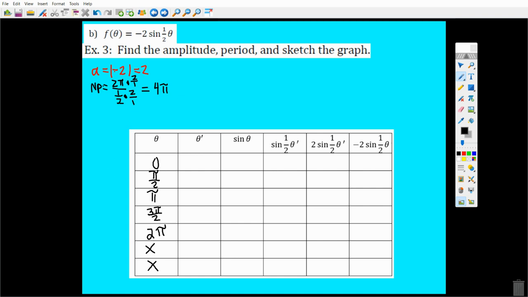Now in this case, we are going to have 4 graphs. It's going to be sine theta. We're going to have sine of 1/2 theta. Then we're going to have 2 sine of 1/2 theta.